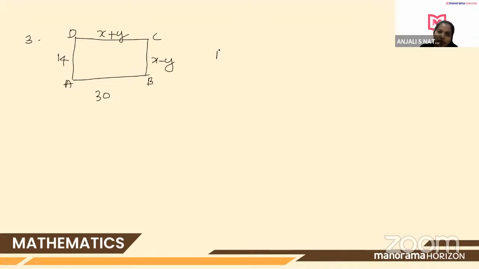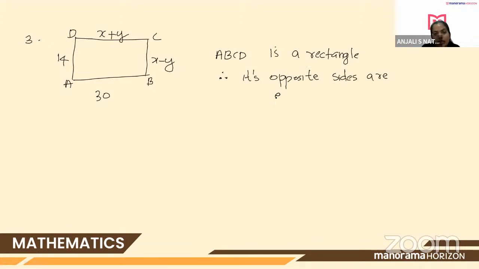Therefore, we can write x plus y is equal to 30 and x minus y is equal to 40. Equation 1 and equation 2.